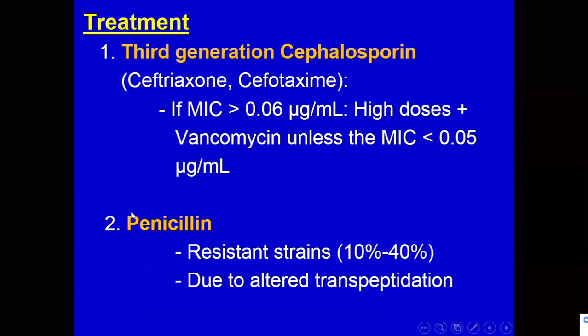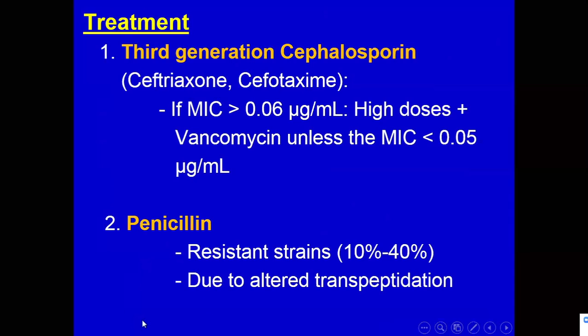Also, penicillin can be used, but remember that 10 to 40% of the strains of Streptococcus pneumoniae are resistant to penicillin. So you cannot take the risk in case of meningitis and start with penicillin, because many of them are resistant to penicillin.